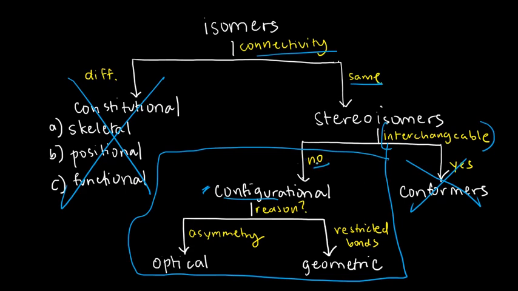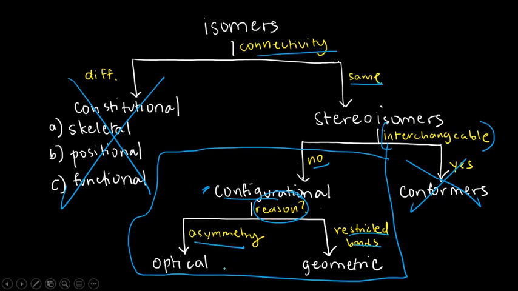And therefore, we're going to try to find out why it isn't possible for one configurational isomer to be made into the other. The reasons differ. Usually, if it's because of restricted bonds, we call it geometric isomerism. But if the reason for the non-interchangeability is asymmetry, it's optical.